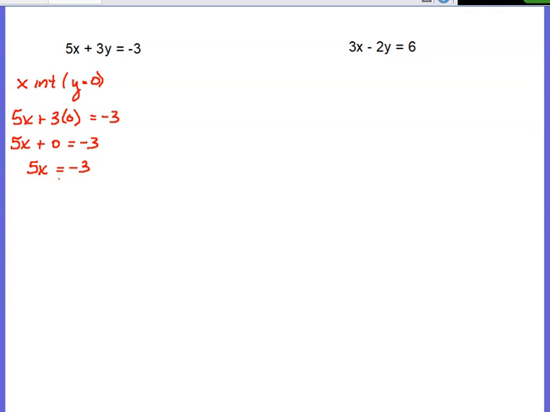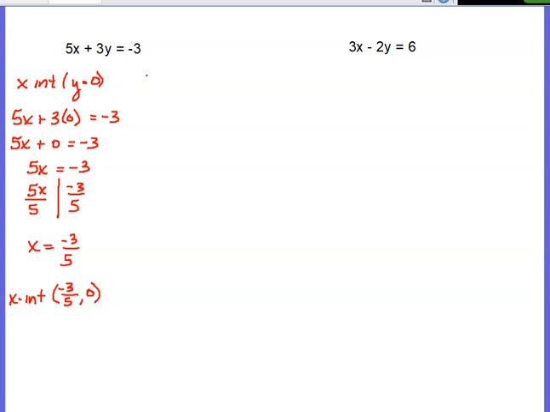And I need to isolate my variable. So I need to divide by my coefficient. So x is equal to, negative divided by a positive is a negative. So my x-intercept is (-3/5, 0). Because remember, your y is always equal to 0.